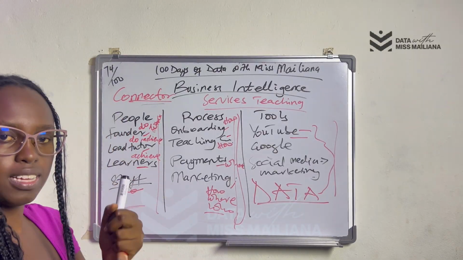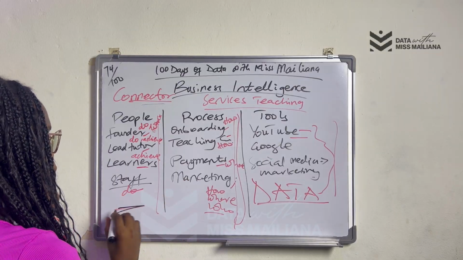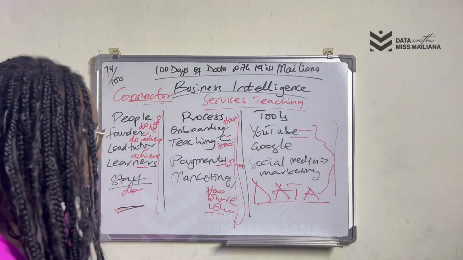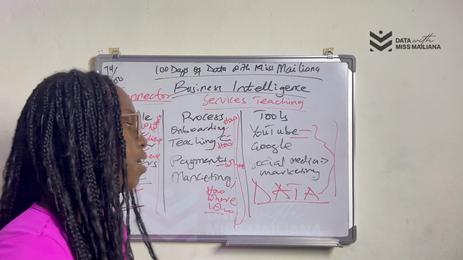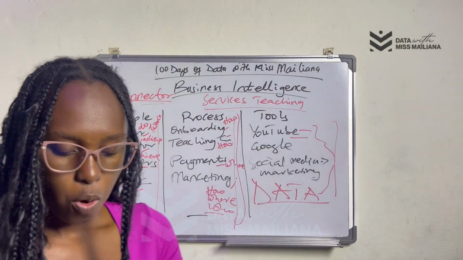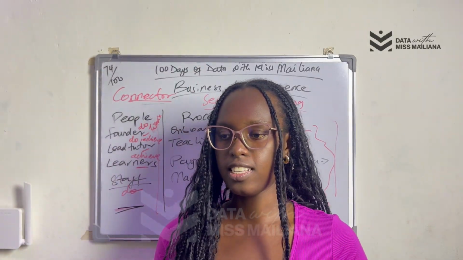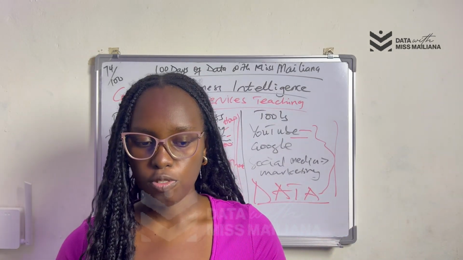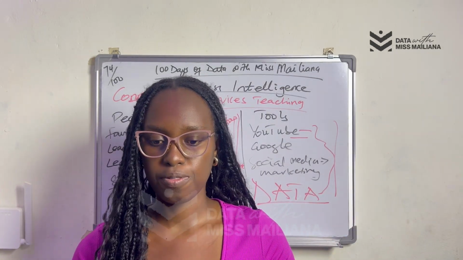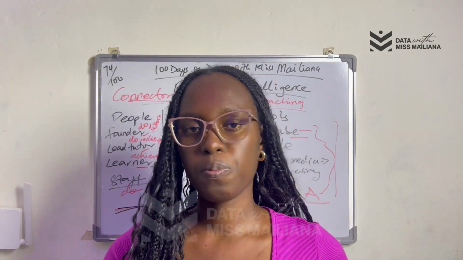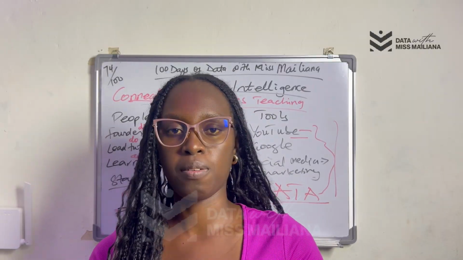Because let's say you have meetings and you gather the data you need. You get to know if there's going to be a problem, and if there is a problem, you get to find out how to solve it as well. So in a nutshell, business intelligence is the connector of all business activities, from the people, the process, and the tools that are used in the business.